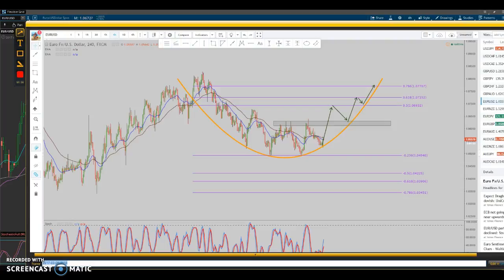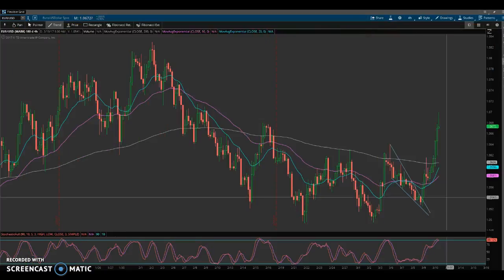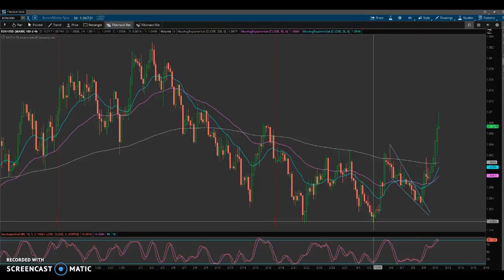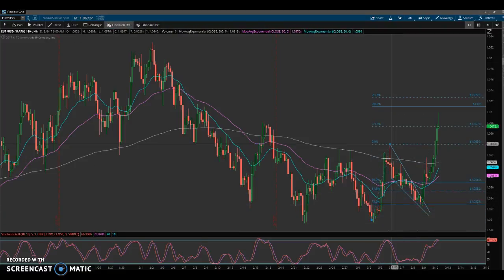So once I saw that, after missing, there were some nice retracement or extension target areas down here. This was a nice area to get long, but I missed that opportunity.